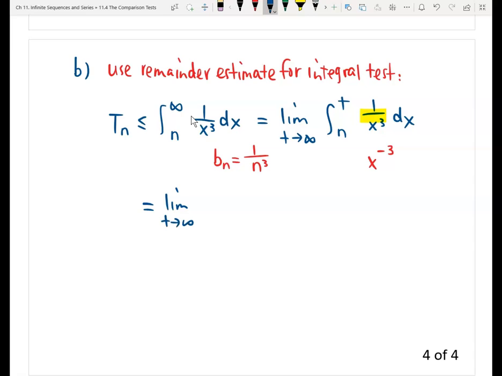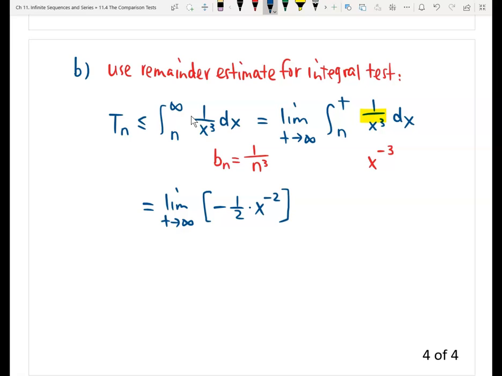The power -3 plus 1 is -2. Flip, so we have -1/2 times x to the power -2.